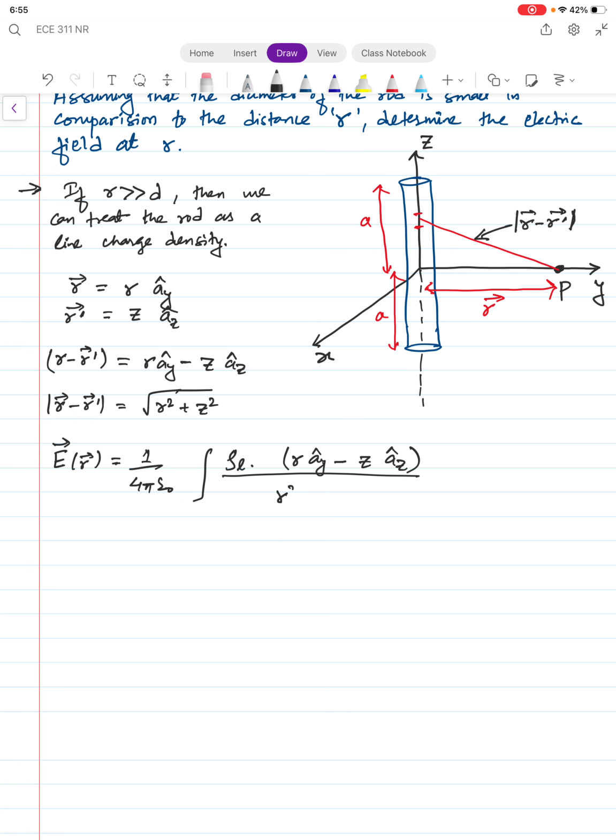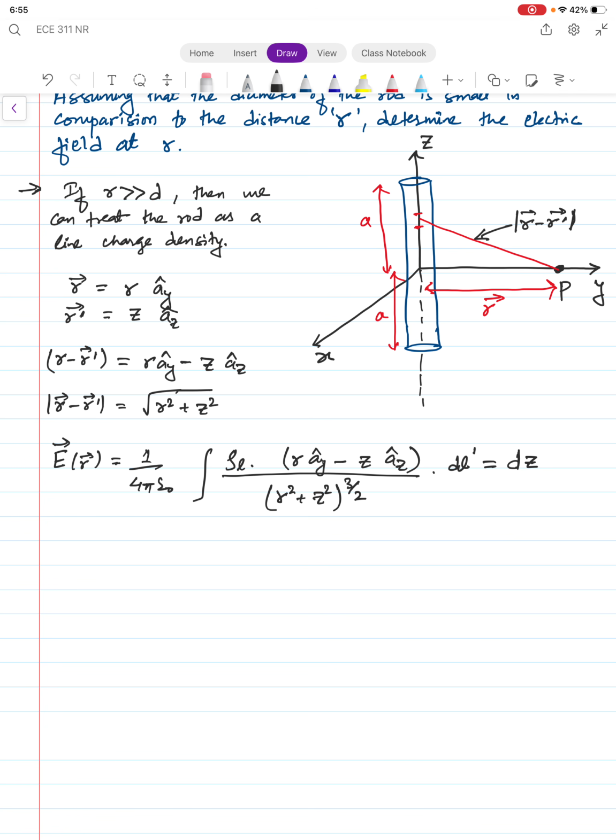So r square plus y square, when you cube that, will have power of 3 divided by 2, dot dl prime. In this case, realize that dl prime is simply dy, because we are integrating along y.